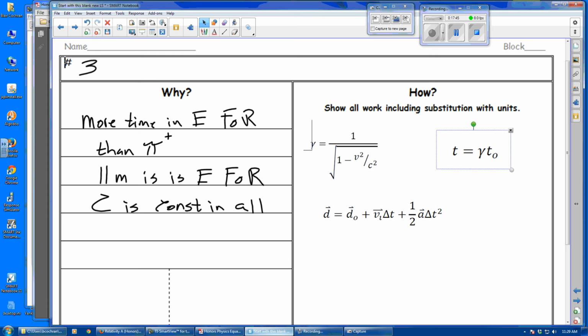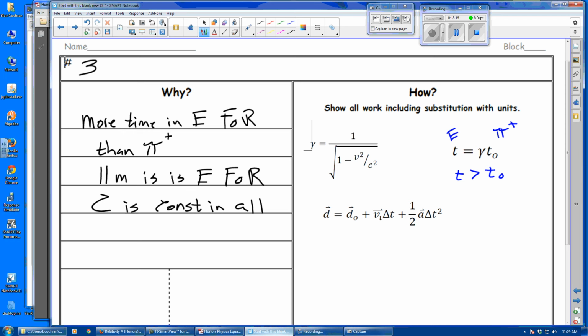Alright, so, let's see. We know that T is always greater than T naught. So that means T is the time that passes in the Earth's frame of reference, and T naught is the time that passes in the pion's frame of reference, right? In the Earth's frame of reference, the pion is moving, and it's moving at some velocity called v, and it travels 11 meters.